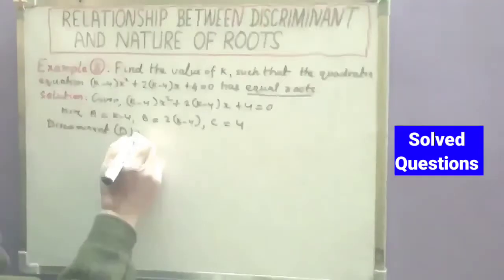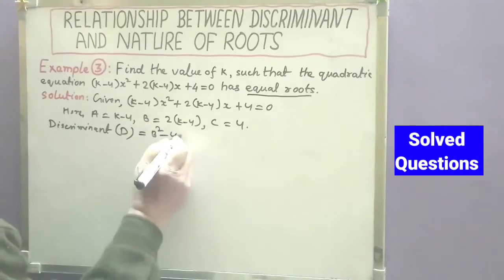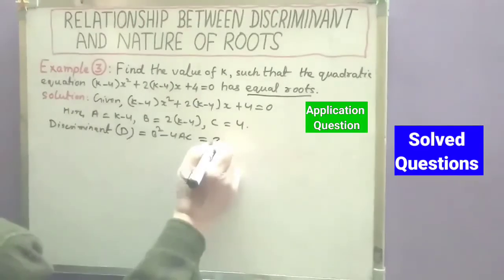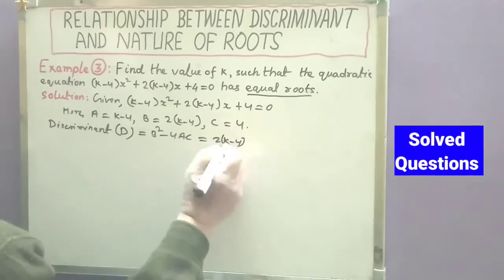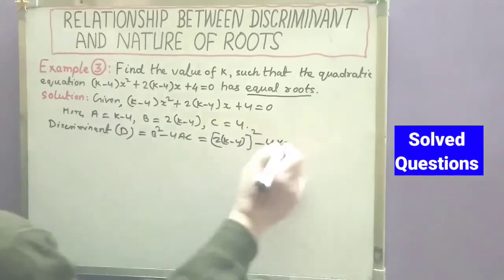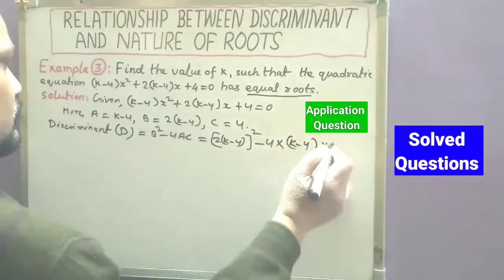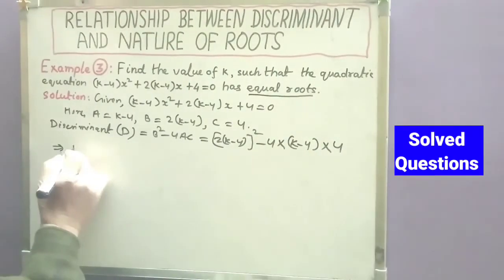Now, discriminant d equal to b square minus 4ac, that equal to whole square of 2 whole into k minus 4 minus 4 whole into k minus 4 into 4.